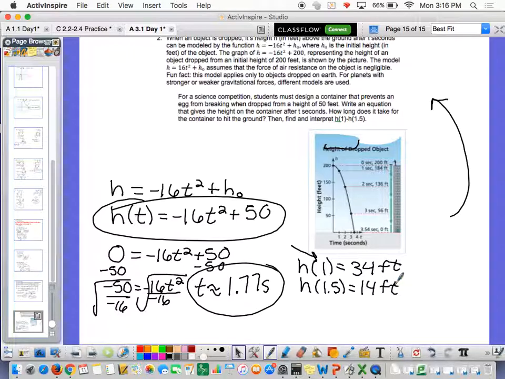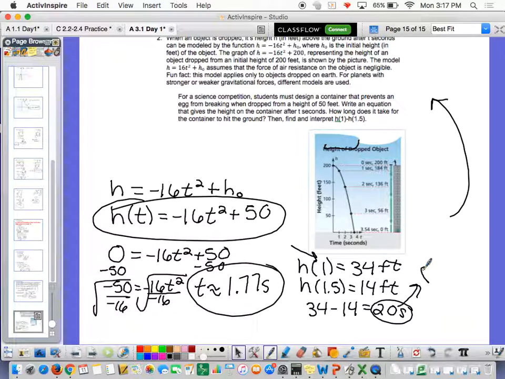Okay, I'm on board. So they want to know what is h of 1, which is 34, minus h of 1.5, which is 14. Well, 34 minus 14, that turns out to be 20. Would we agree? Yeah, great.